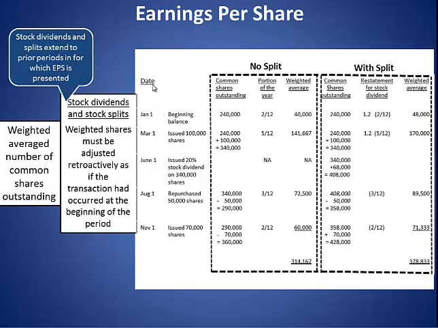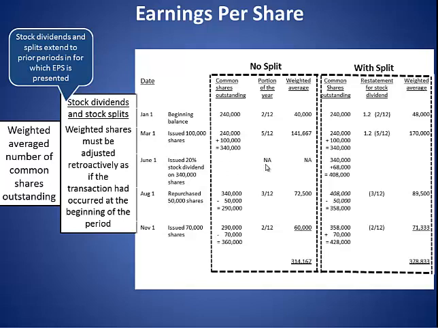Now you can see here, these are pretty much the transactions from the previous slide, with January 1st, March 1st, August 1st, and November 1st. We do have a transaction on June 1st where the company issued a 20% stock dividend. In the box where we say no split, this is exactly the same information from the previous slide, and we didn't do anything for the June 1st transaction because there was no split assumed.